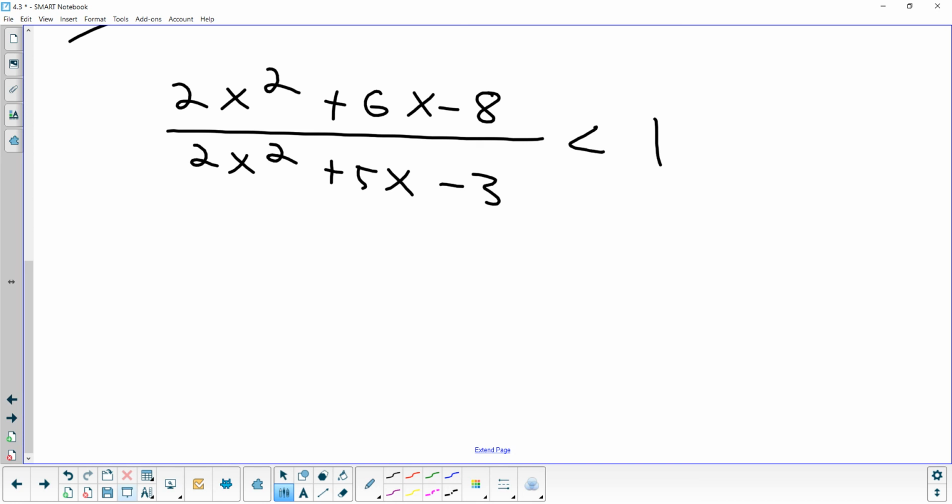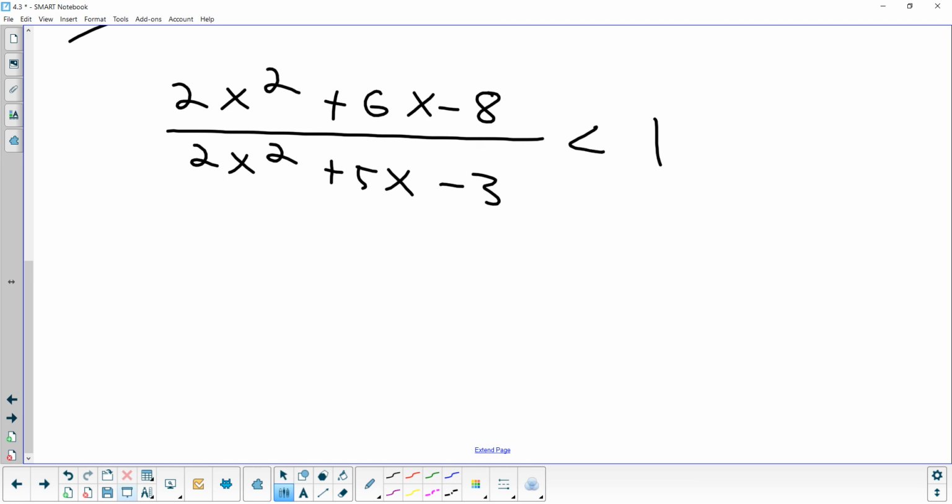Or what was always on the other side? Sign charts only work if a certain number is on the other side.